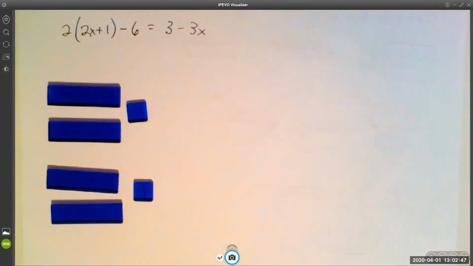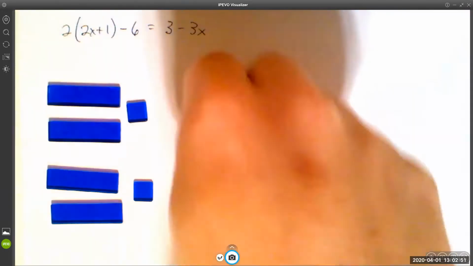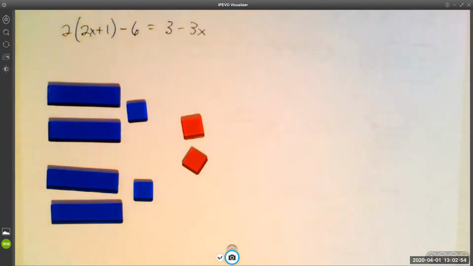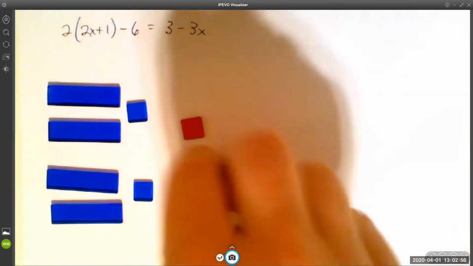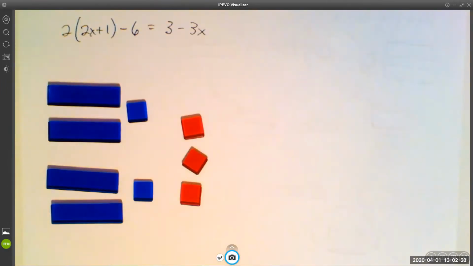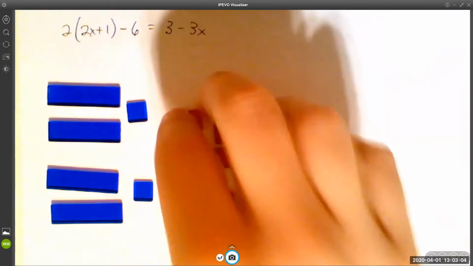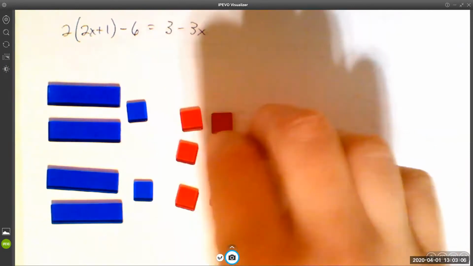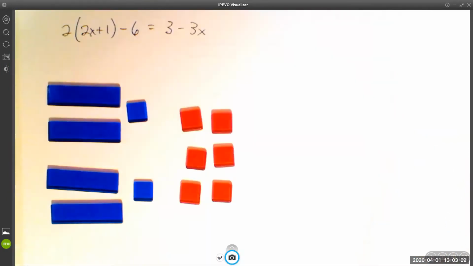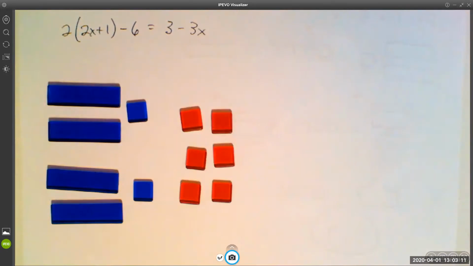Okay, and then of course I still have minus 6 that I need to put on there. So 1, 2, 3, 4, 5, and 6. So there we go. There's the left-hand side: 2 times 2x plus 1 minus 6.